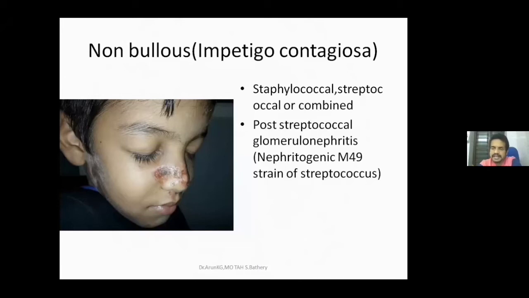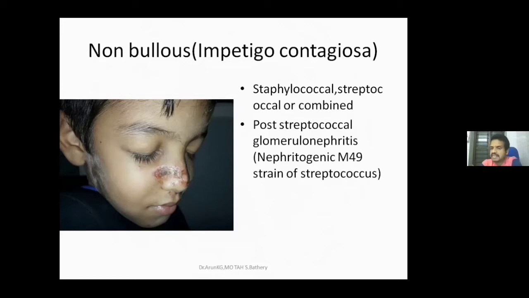In my clinical practice itself, I have seen one case. The patient had already taken some traditional treatment, not Ayurveda, and the child's kidney was damaged. Unfortunately, that non-bullous impetigo happened to the child due to the nephritogenic M49 strain of streptococcus.